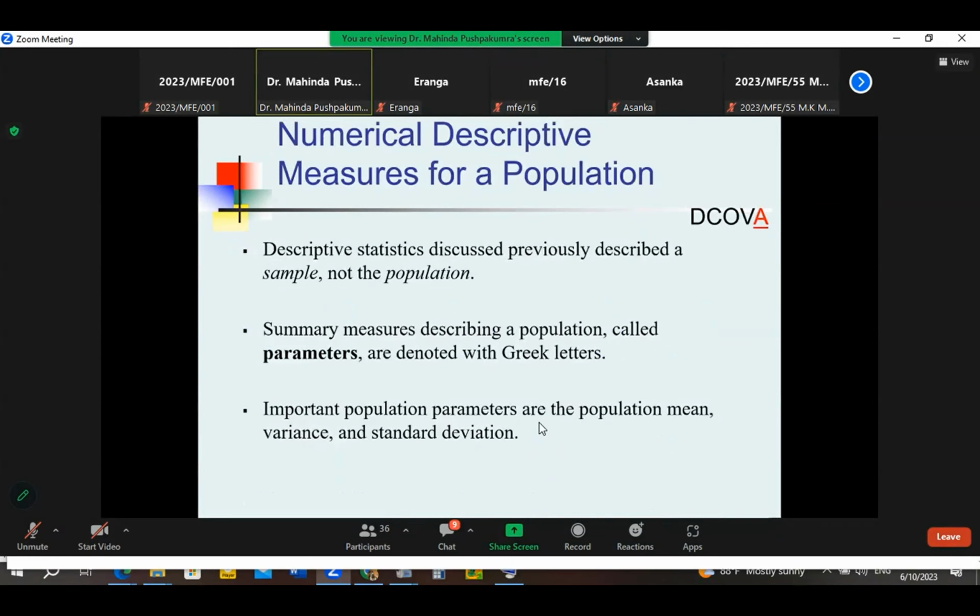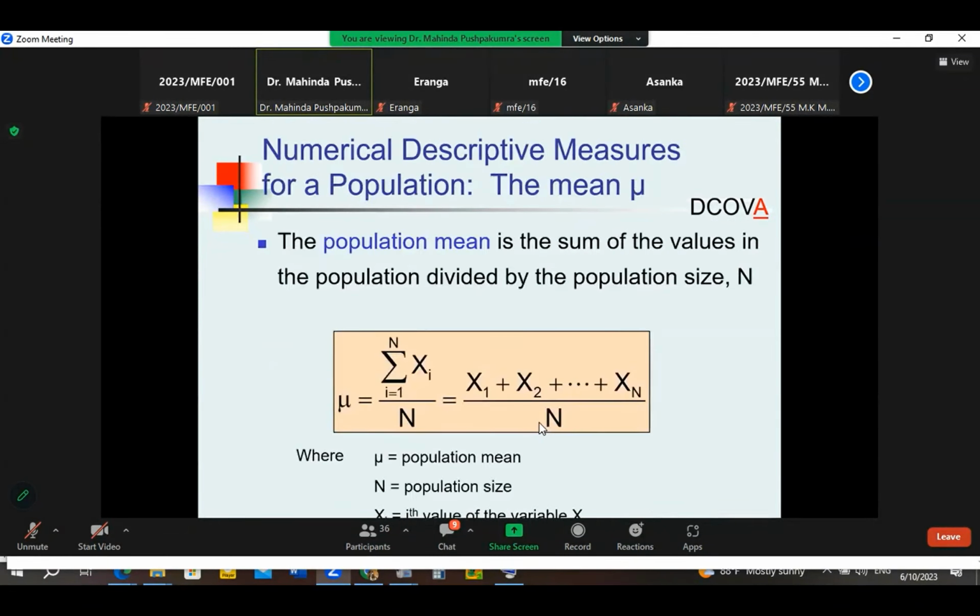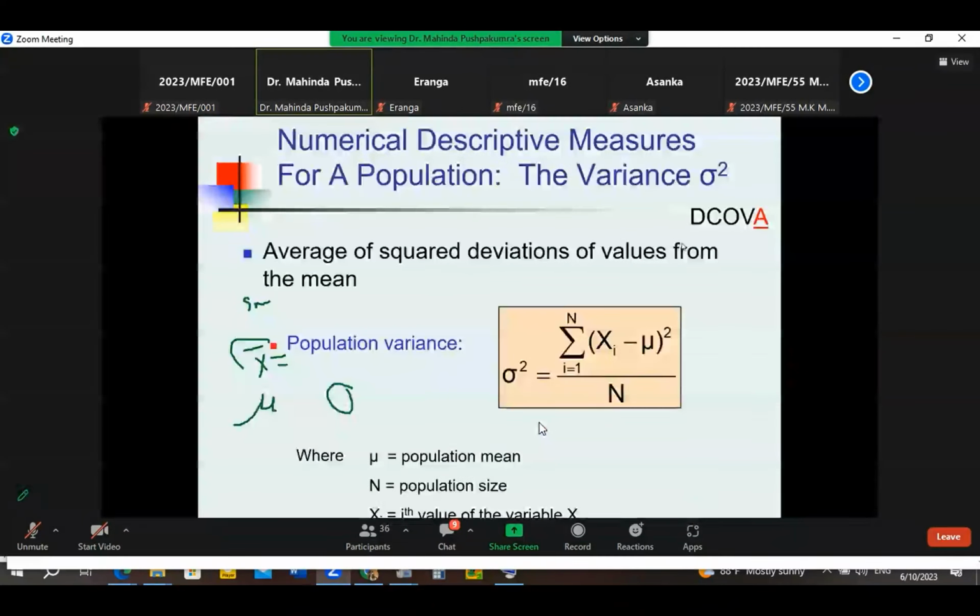Okay, we discussed some measures related to a sample. The same measures we can calculate for a population, but when it is related to population, we use different symbols. For example, we calculate the mean, average X, for a sample. If it is for the population, the symbol is this one. This shows the population mean, this shows the sample mean. The only difference is the symbols.